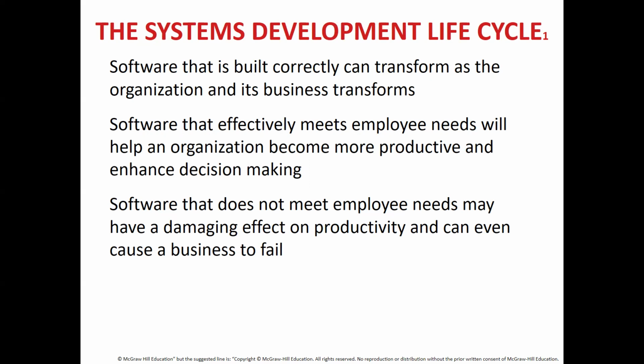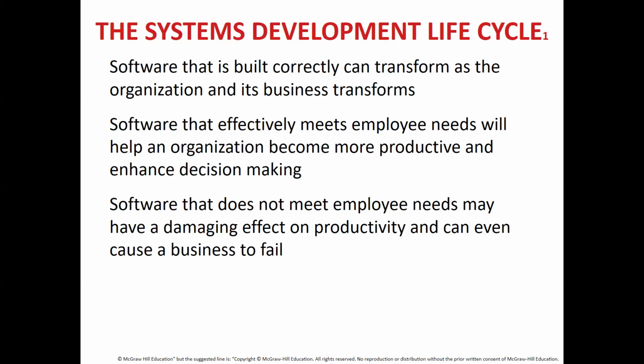If you have software that has been correctly installed and is the right type of software for the organization, it can transform the business and the business processes in an abundance of good ways. Moreover, if you have software that is easy to use, that builds up employees' morale, productivity, and the decision-making levels of an organization, obviously the organization is bound to gain a lot of success.